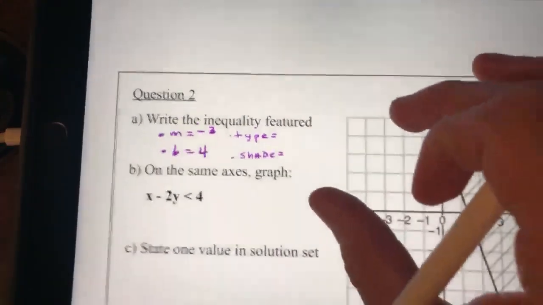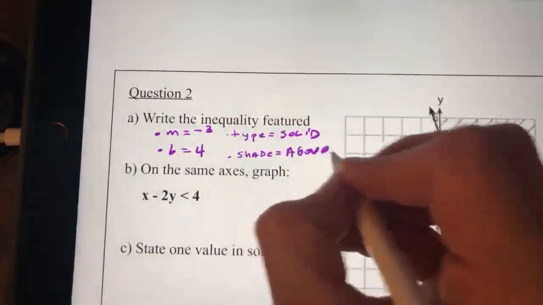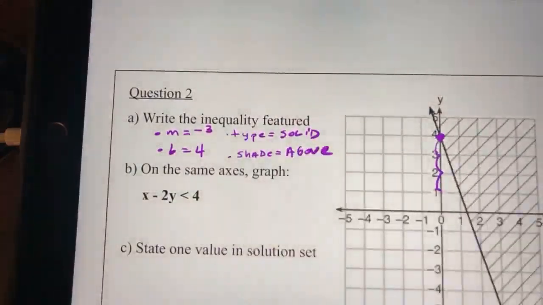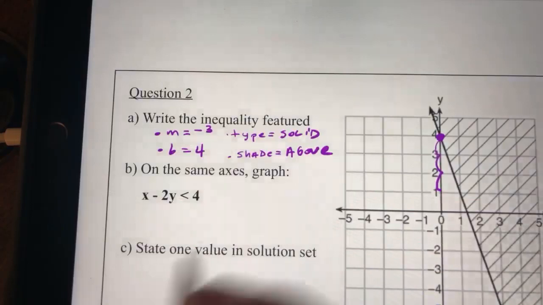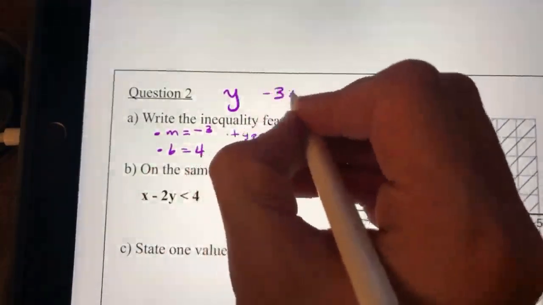Okay, now what type of line is this? It was a solid line. And where was it shaded? It was shaded above. So let's put all this together now. I'm going to say y, we know, negative 3x plus 4.